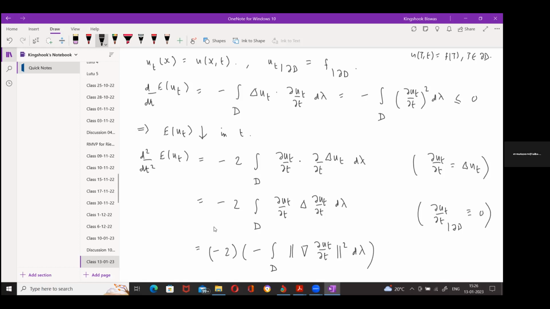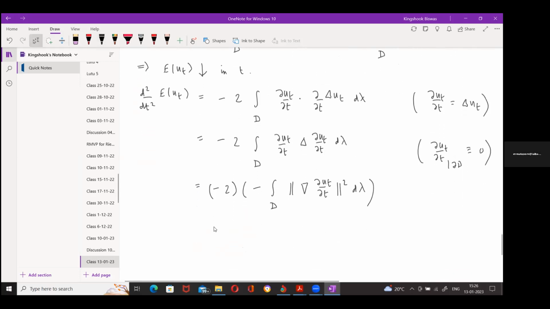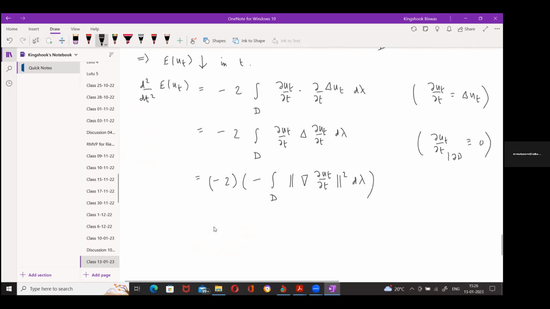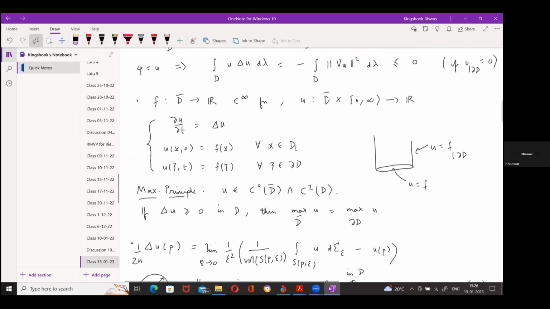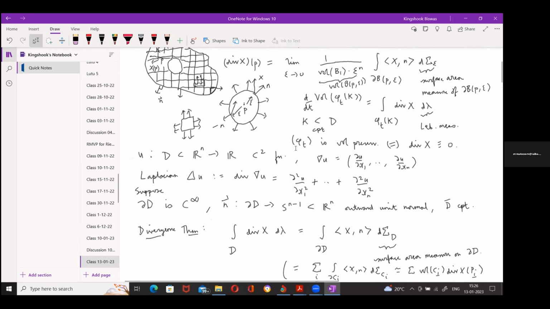Because the boundary condition is 0 here, we can apply this formula. Is this clear? Yeah, we derived this above, right at the beginning.